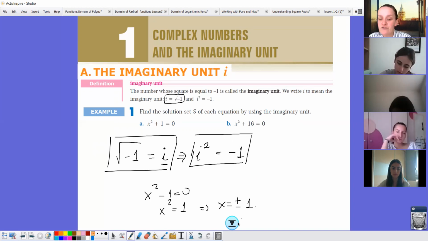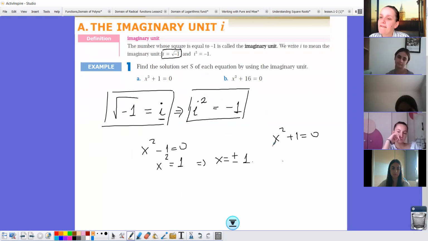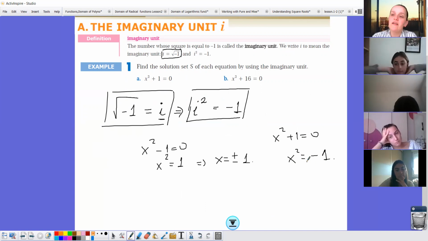But our dear mathematicians thought, if we have x squared plus 1 is equal to 0, how will we solve this one? Because when we take plus 1 to the other side, it becomes -1. So x squared is equal to -1 is undefined in real numbers, because we don't have any number whose square is negative.